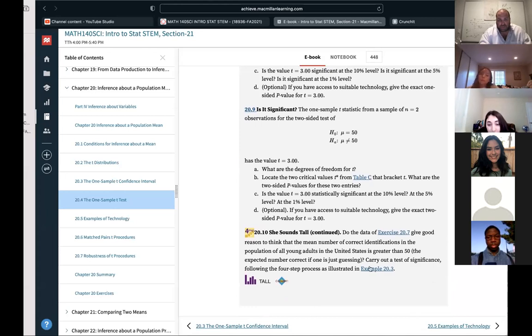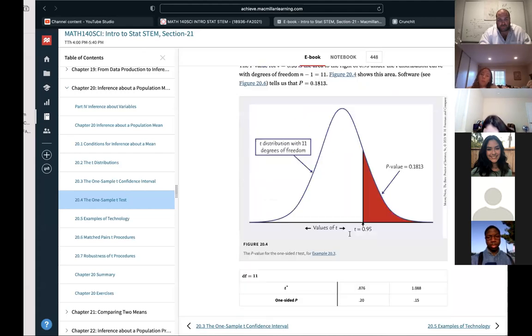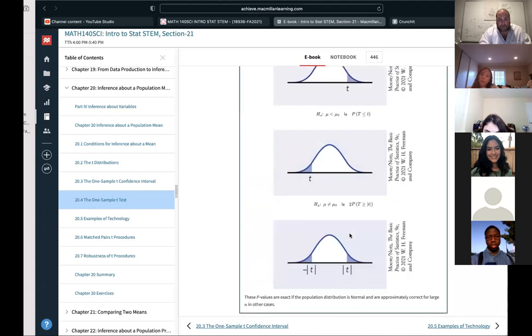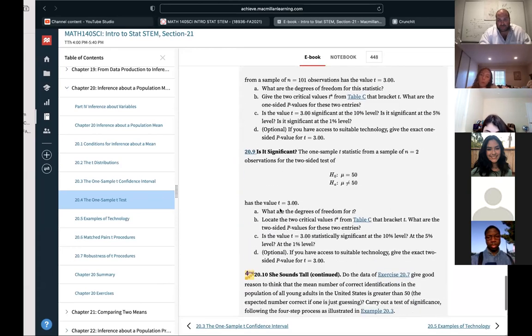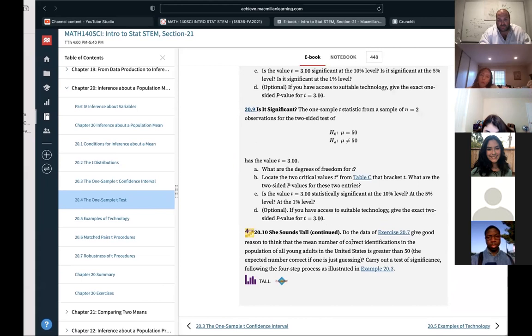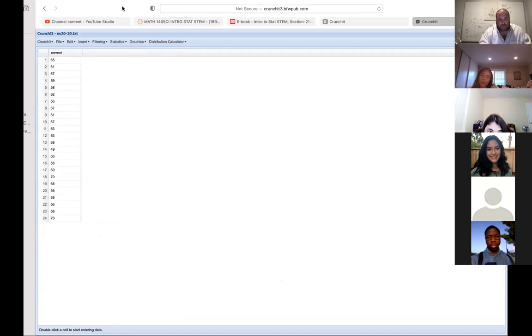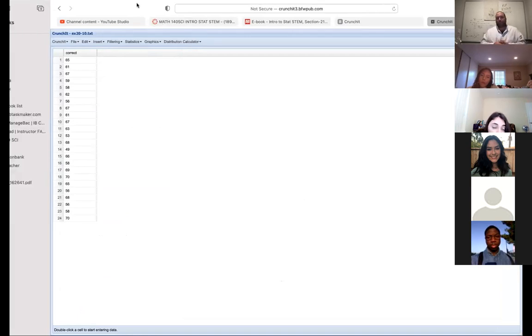Is this a follow-up of the last one we did? 20.7, I think it is. Do the data of exercise 20.7 give reason to think that the mean number of correct identifications... Okay, so let's do it. This is a follow-up of the last example.